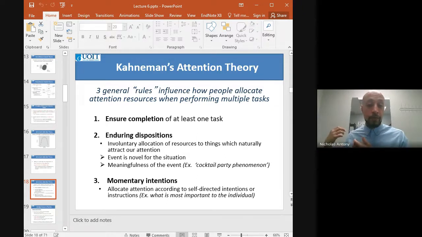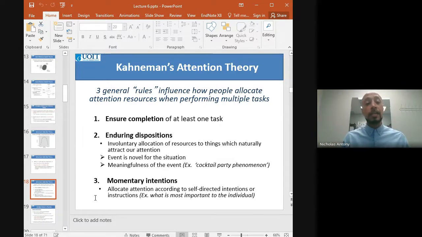Like hearing your name, because that's personal to us, an enduring disposition, it tends to draw our attention. As we're focusing, we will divert some attention naturally to that. Novel to the situation means something like a loud noise, a weird noise, or a bright light, something very unique, out of the norm, which tends to draw our attention.